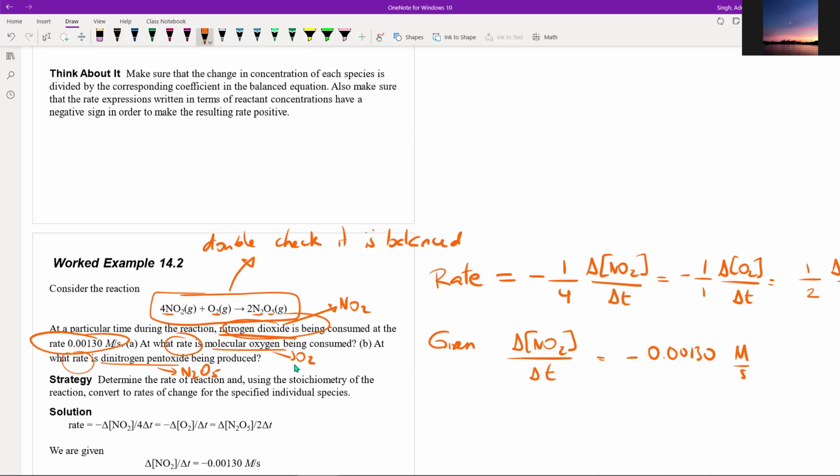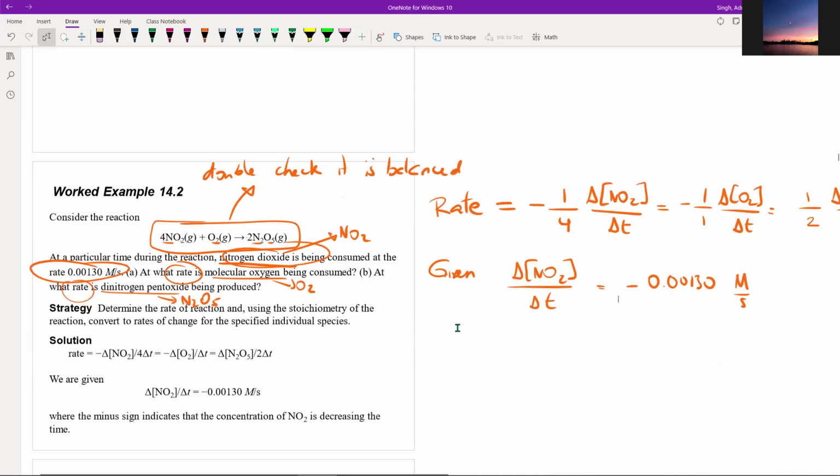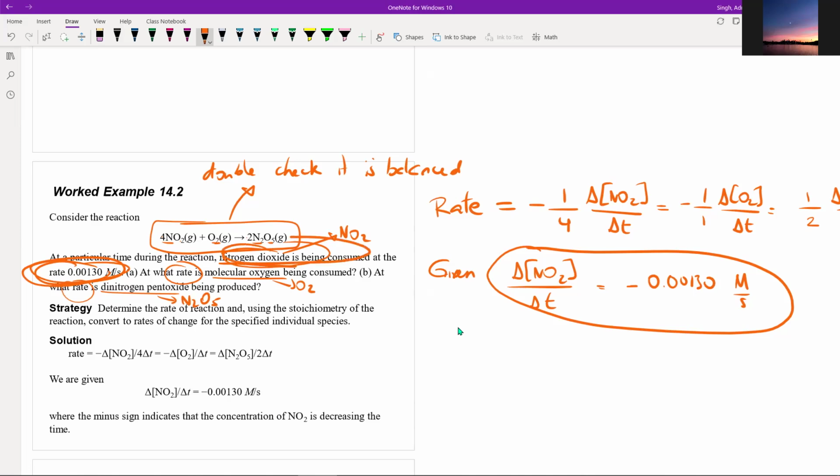So we know what this is, and this is probably the most challenging part of this question, to actually express this piece of information in a way that is going to be useful to you. So what is it actually equal to in the problem? How can we relate it to the rate equation? Well, it's the delta NO2 over delta T, right? So that's the rate at which it's being consumed.